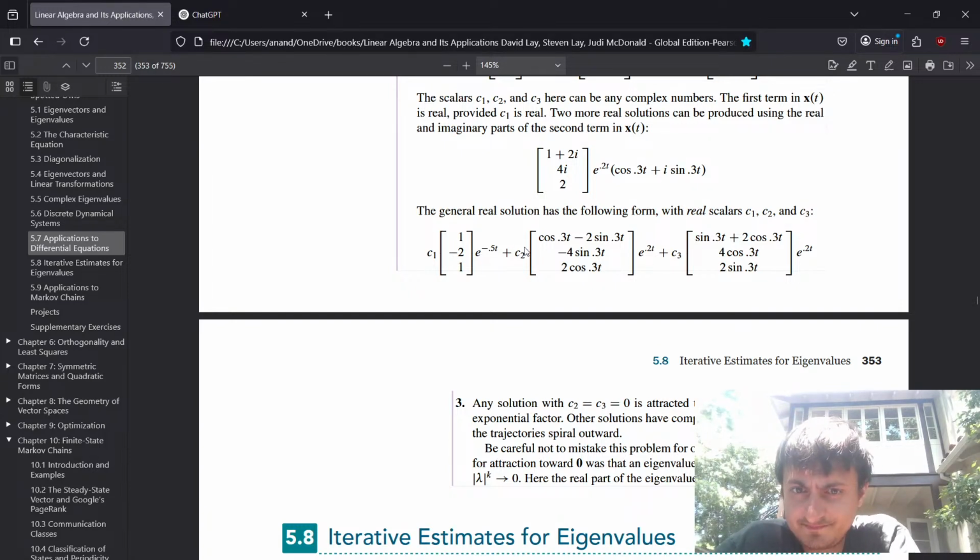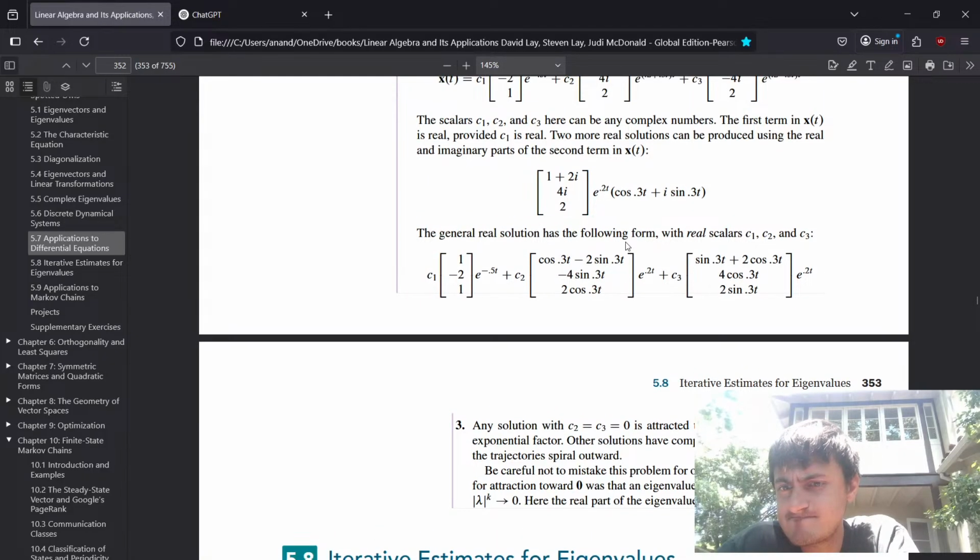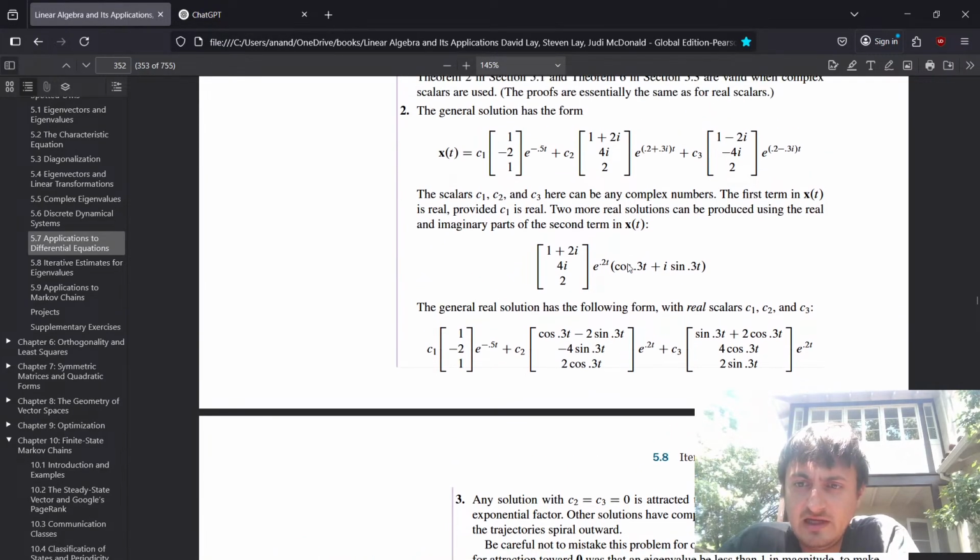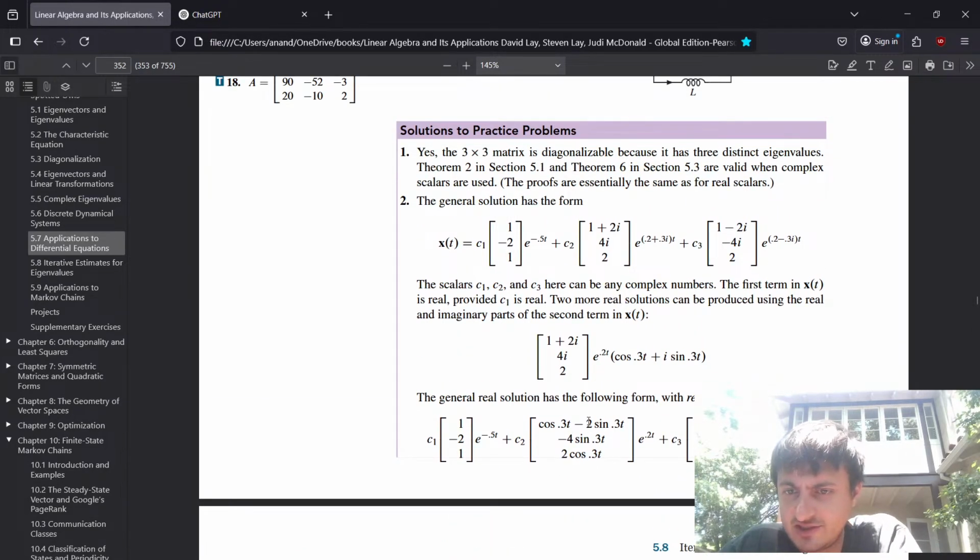Then you get, I think so, where this is the real part of x2.